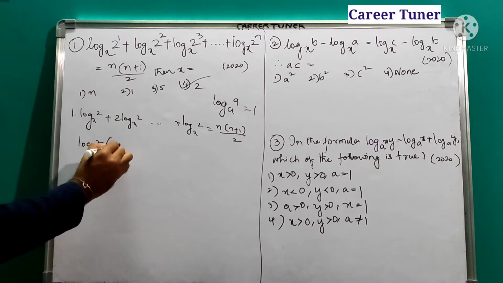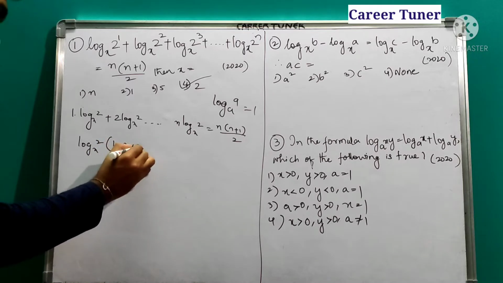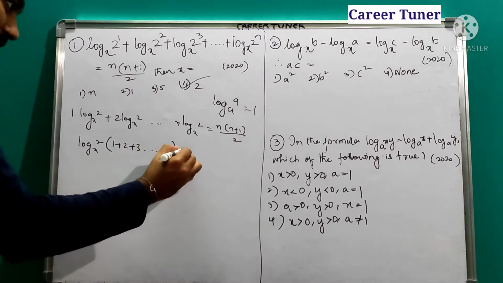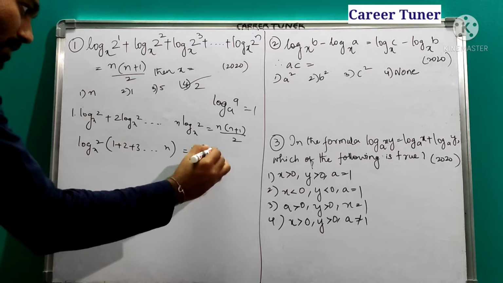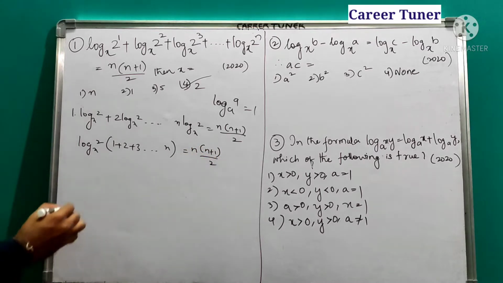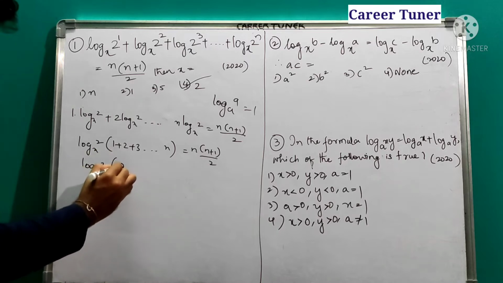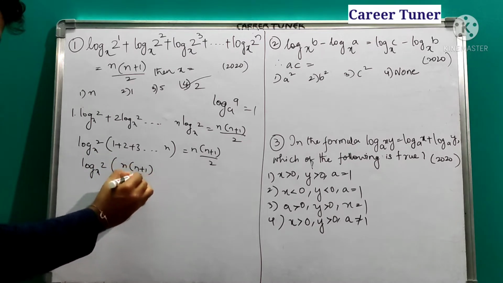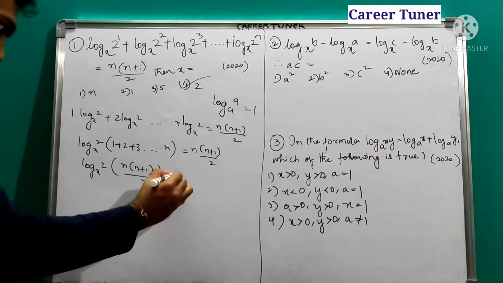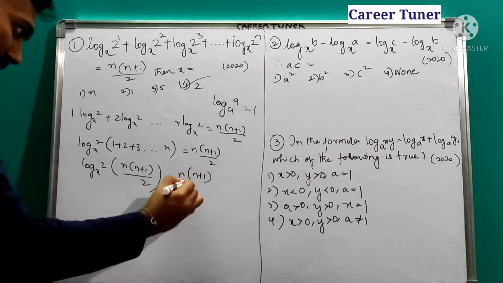Other than that, what we have is 1, 2, 3 and so on till n, which is equal to n into n plus 1 by 2. Now what is the sum of first n natural numbers? We know that the sum of first n natural numbers is n into n plus 1 by 2, which is equal to n of n plus 1 by 2.